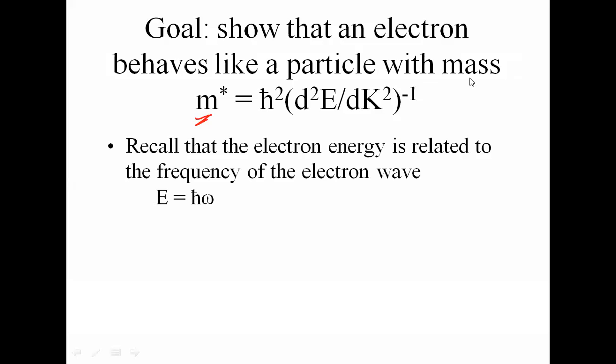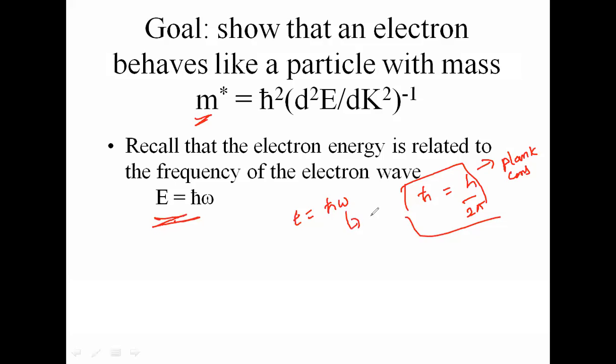Here, what is the energy? According to quantum mechanics, E is equal to h cross omega, where h cross is equal to h by 2 pi and h is the Planck constant. These are very important to remember.